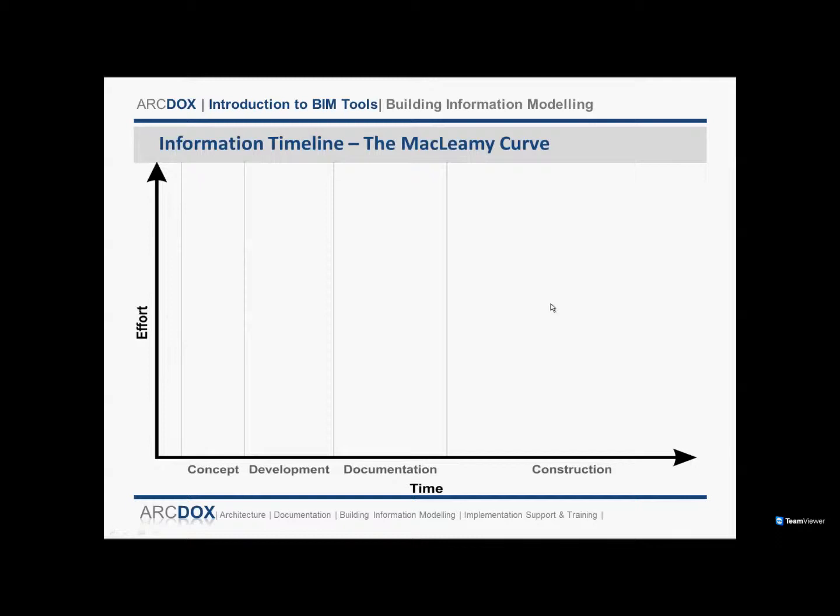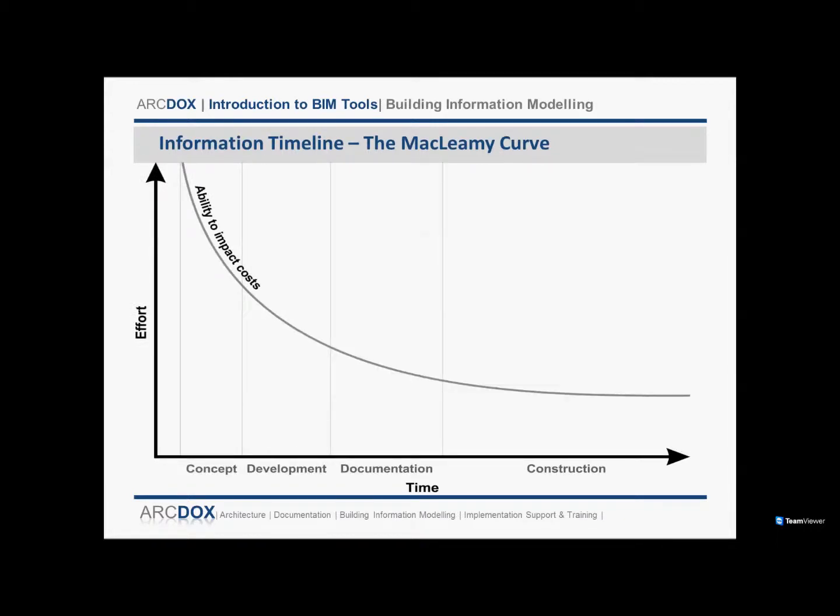Go on to this. Information timeline, the McLeamy curve, by Patrick McLeamy. This was introduced in the first session, strategic overview of BIM, so I'm going to skip over this a little bit quickly. Ability to impact costs: your time is horizontal, and your effort, the amount of effort and work, is vertical.